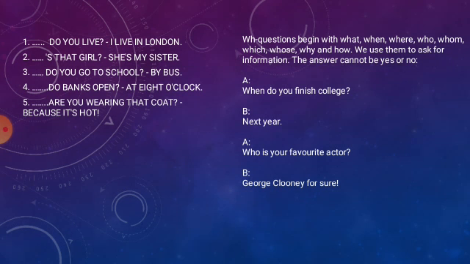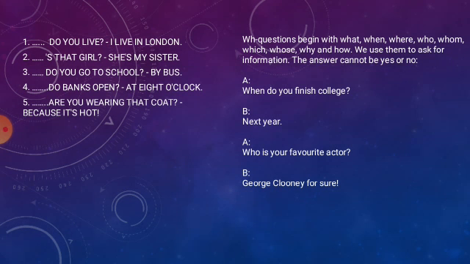Now, to wind up, once again, let us look briefly at what I have said. WH questions begin with what, when, where, who, whom, which, whose, why and how. So we use them to ask certain types of questions.